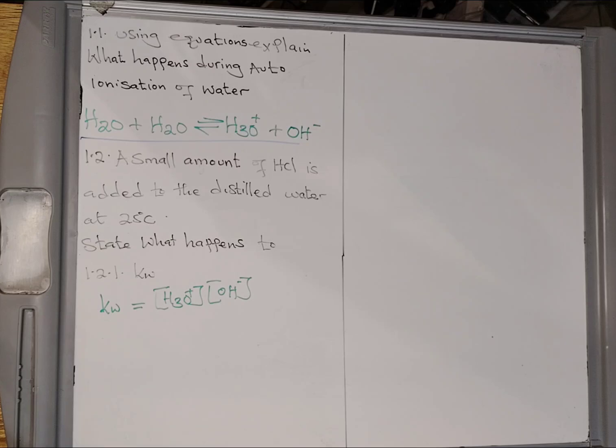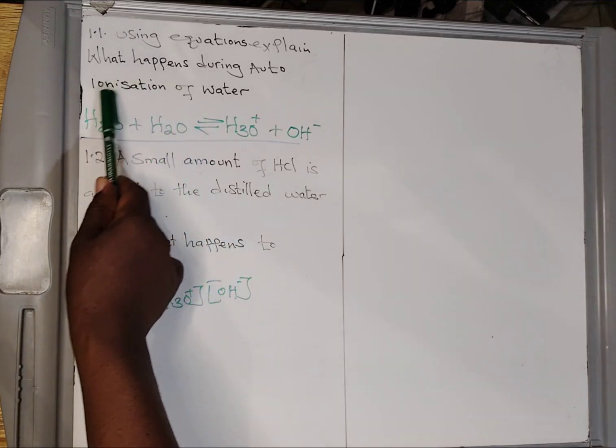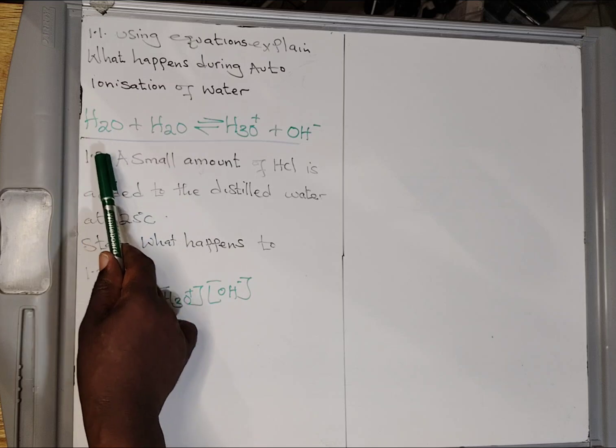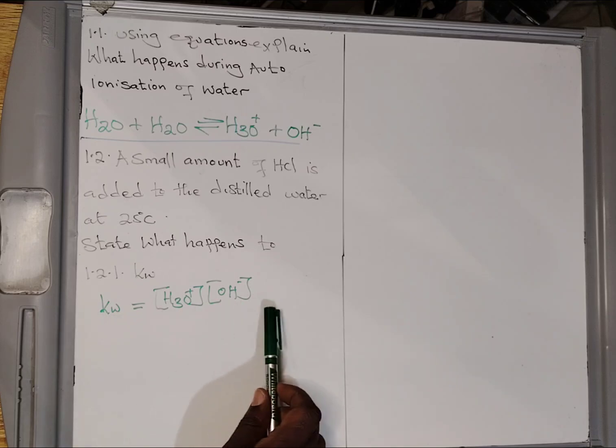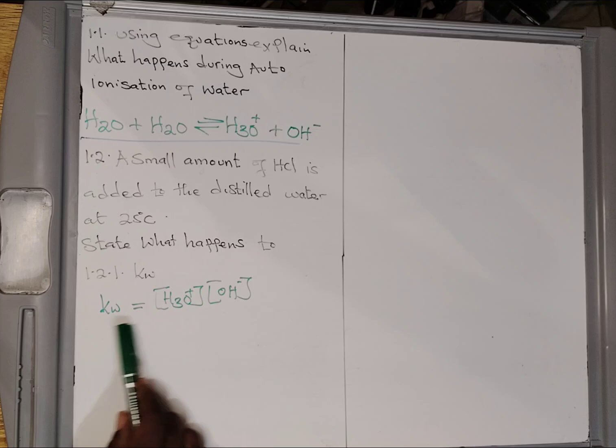But like we said, water is so weakly ionized that it almost remains unchanged. Because water does not undergo a change, we don't put it in our expression. So this happens to be the expression for the ionization constant of water. It is very weak, the value is very, very small.